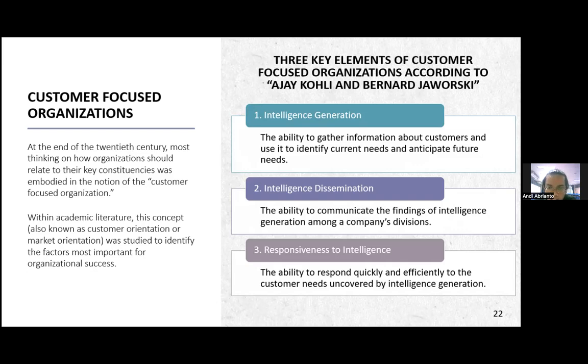The second is intelligence dissemination, the ability to communicate the findings of intelligence generation among a company's divisions. And the last is responsiveness to intelligence, the ability to respond quickly and efficiently to the customer needs uncovered by intelligence generation.